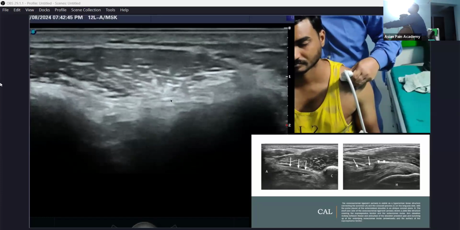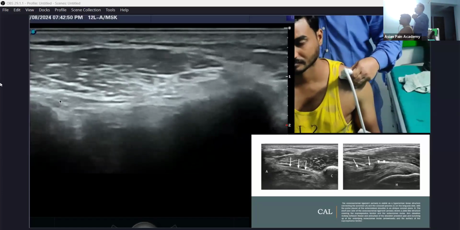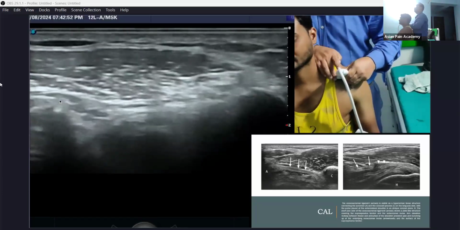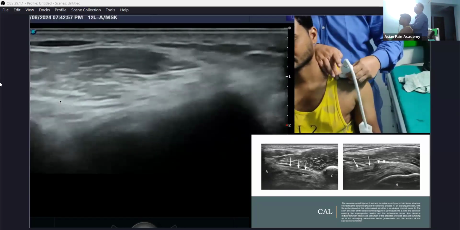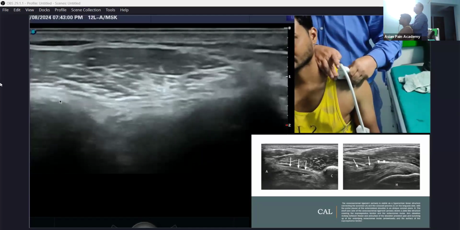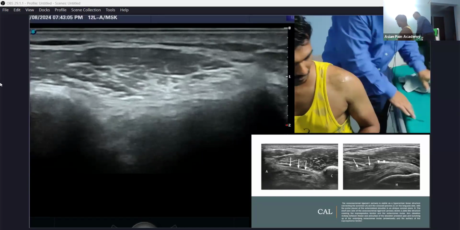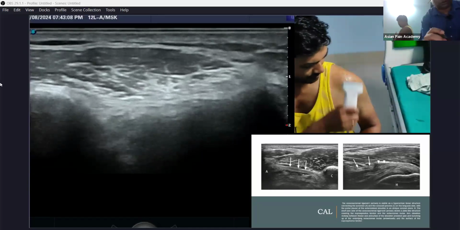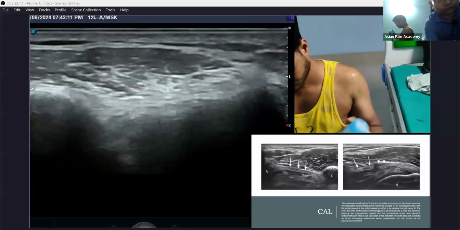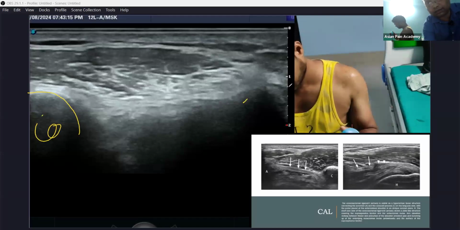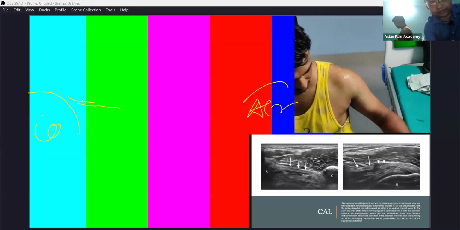This fibrillar structure is nothing but the coracoacromial ligament. So freeze. Okay. Coracoid, this side acromion, and this is the fibrillar structure.